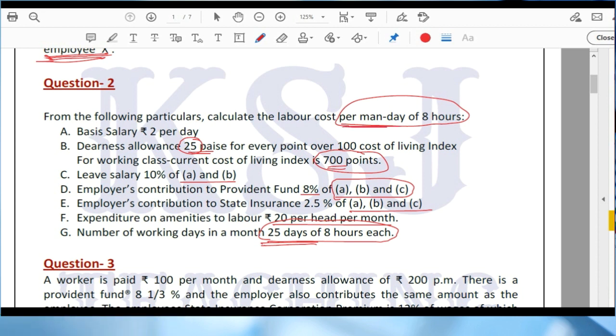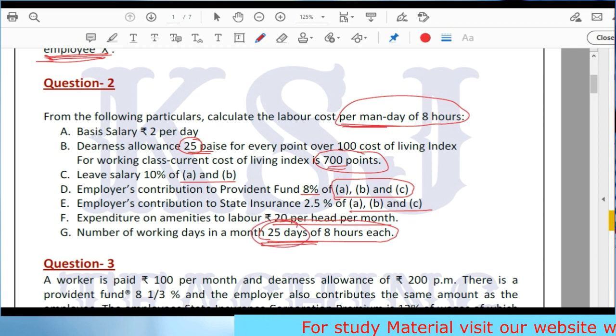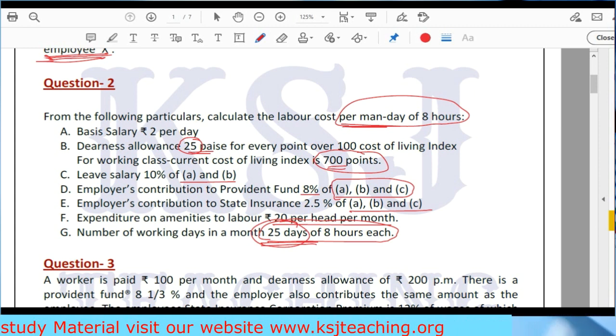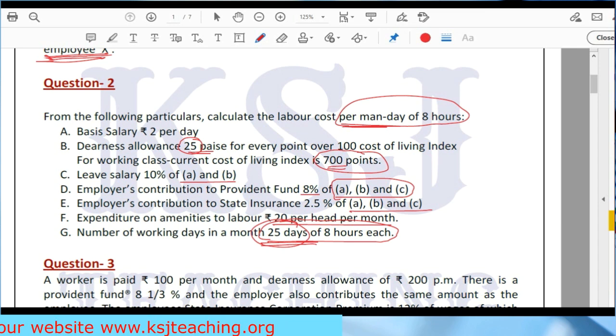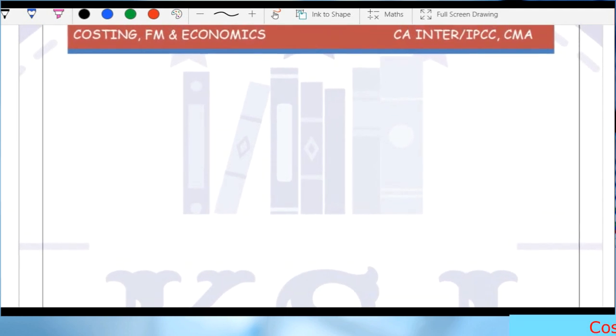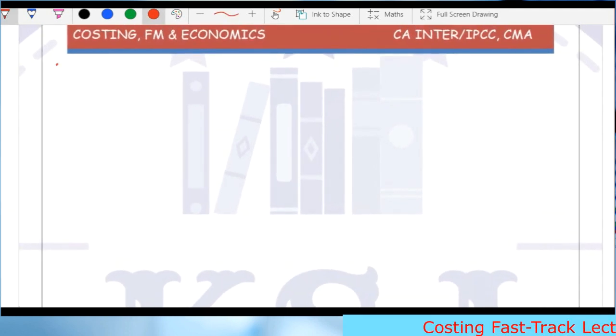That means first we can calculate the cost for 25 days, and whatever is the cost for 25 days, if I divide by 25 days, I will get the cost for 1 day. So I will first calculate the total cost for 25 days. Question number 2.